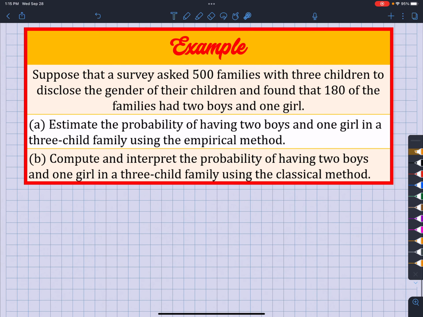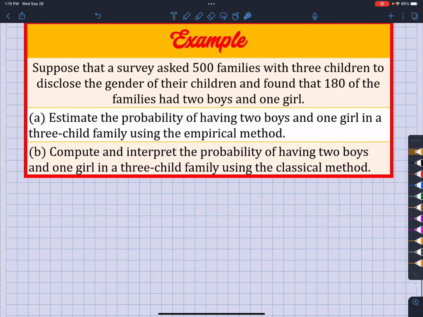Suppose that a survey asked 500 families with 3 children to disclose the gender of their children, and found that 180 of the families had 2 boys and 1 girl. Part A wants me to find this probability using the empirical approach.